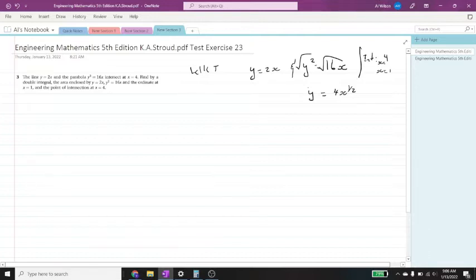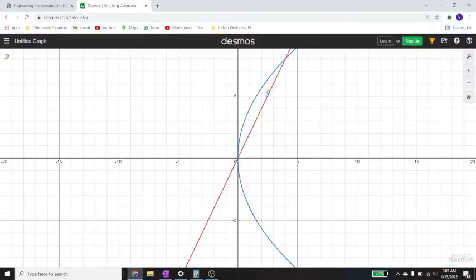We're going to make use of this formula here. The area is equal to the double integral of dy dx. Now let's look at what we actually have. We're looking at limits 1 and 4, and we have y1 and y2. You know what y1 and y2 are simply based on this sketch.